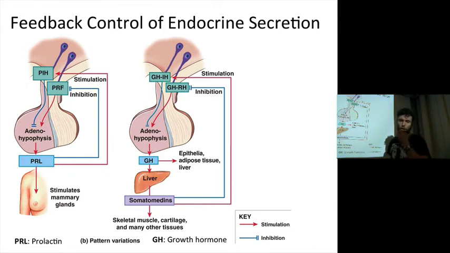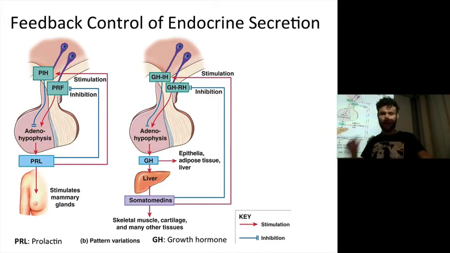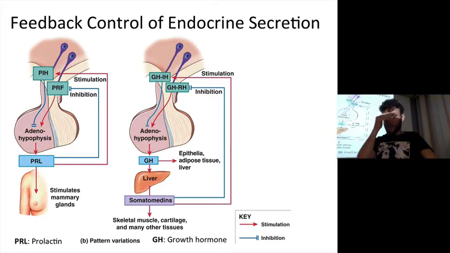All right. So human growth hormone. There's the human growth hormone releasing hormone, that is produced in the hypothalamus, which leads to the production of human growth hormone. And human growth hormone has a couple different downstream effects. Well, first it goes to all of the cells in your body, the epithelial cells, adipose tissue, liver, whatever.